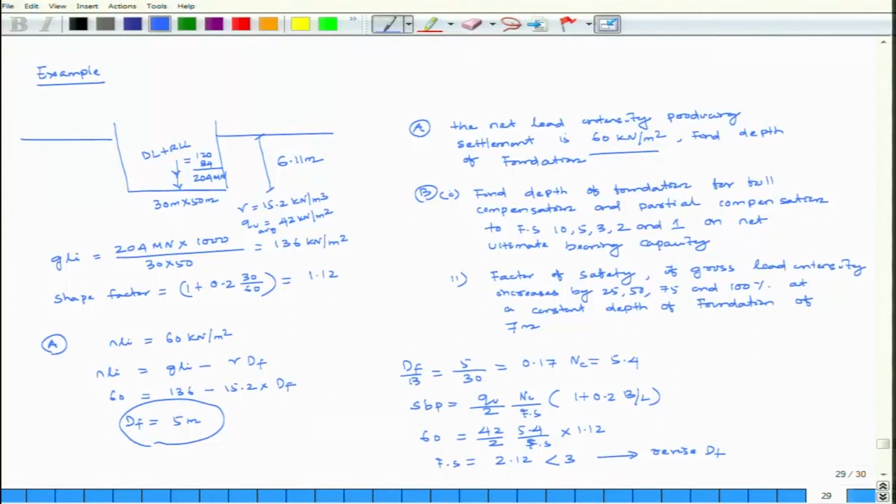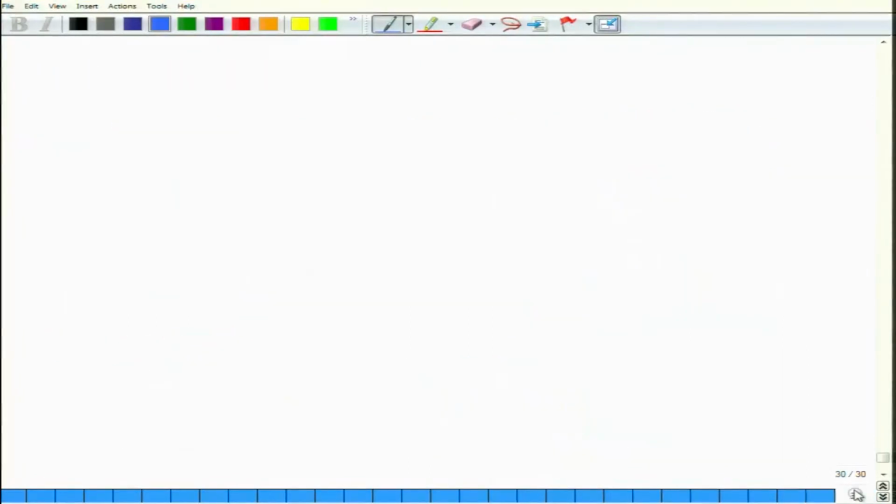At the same time, I have to find out the soil bearing pressure. Considering soil bearing pressure is equal to 60, qu value is given, Nc, and this is your shape factor, then the factor of safety comes less than 3. So, you have to revise this factor of safety.